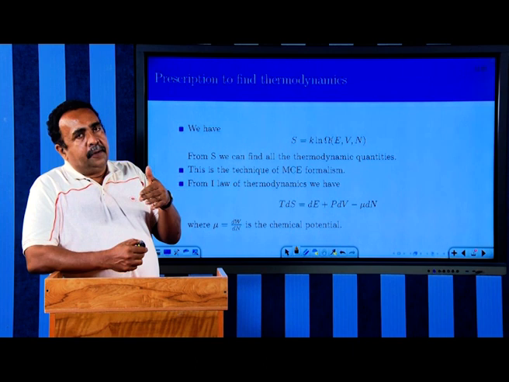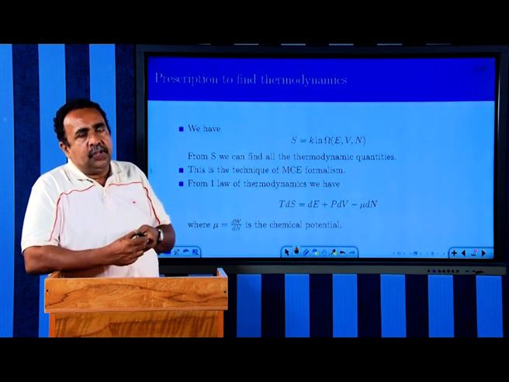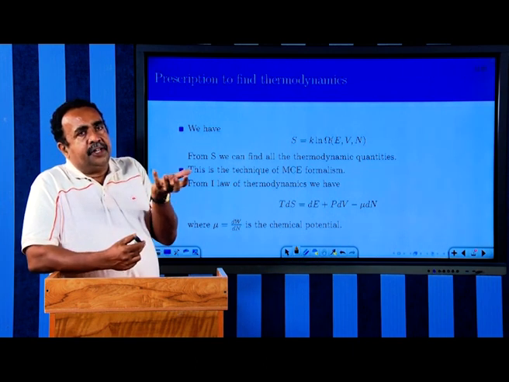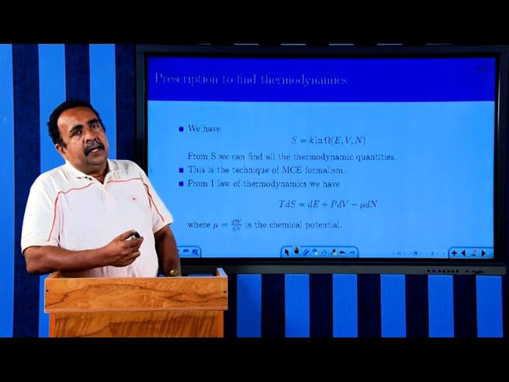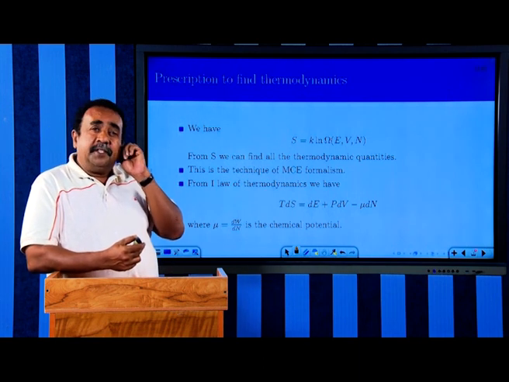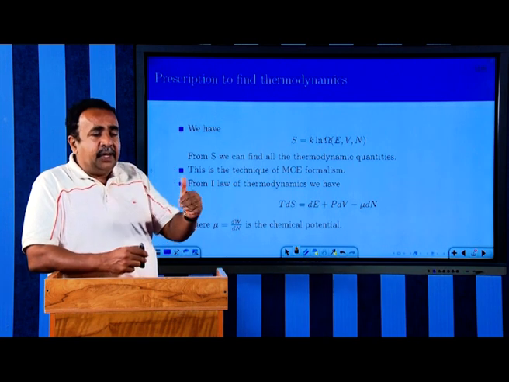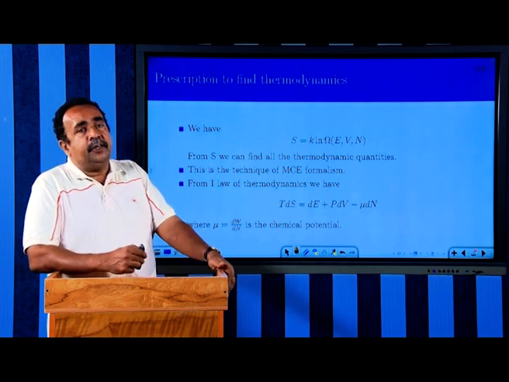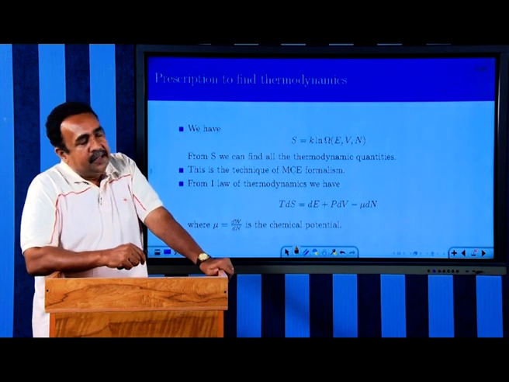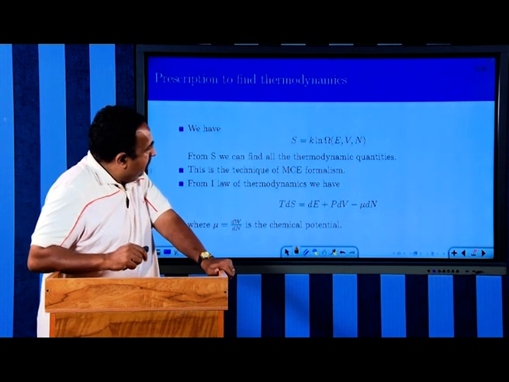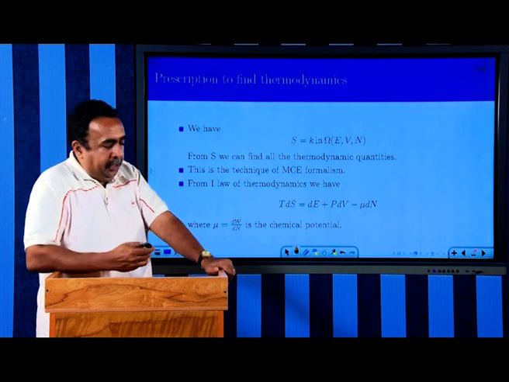In your degree or undergraduate or pre-degree classes, you will not be taking into consideration that mu dN term. But in statistical mechanics, you will be interested in finding out chemical potential, susceptibility, etc. And hence, there will always be a third term in your first law of thermodynamics. Therefore, now you have TdS equal to dE plus PdV minus mu dN.